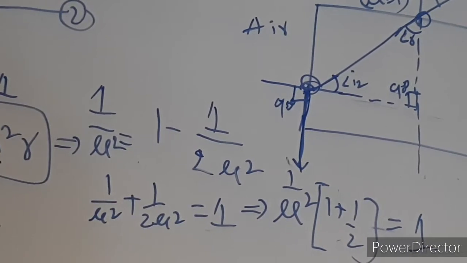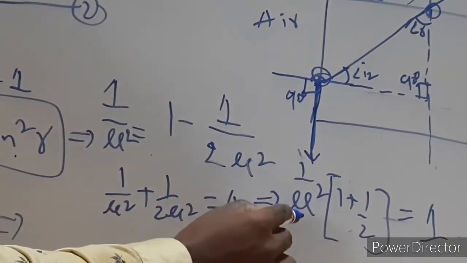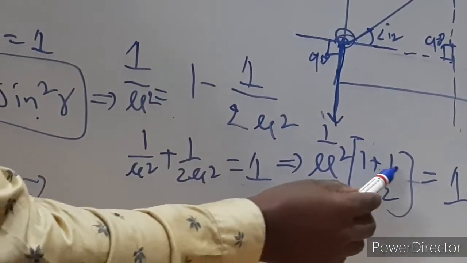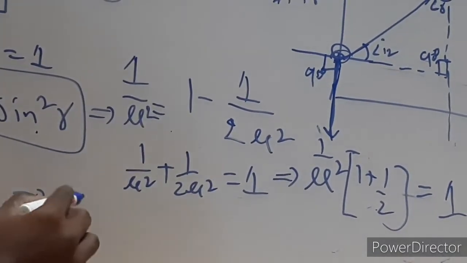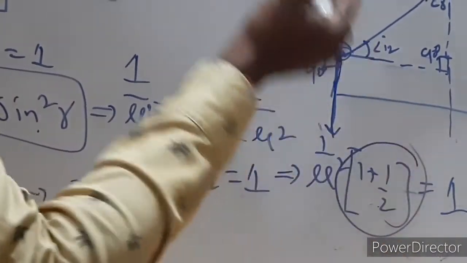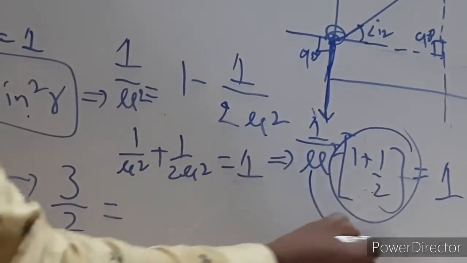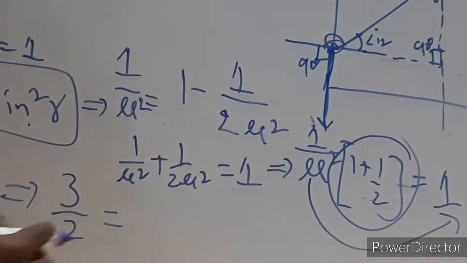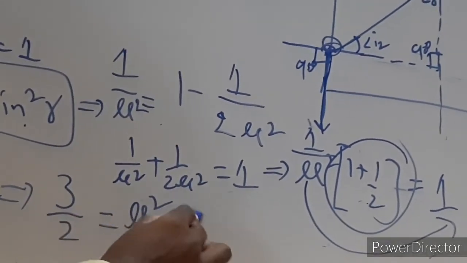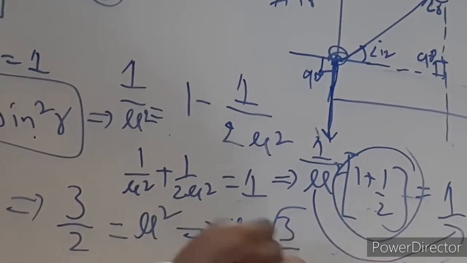So I write 1 by mu square times, 2 plus 1 is 3, so 3 by 2, equal to 1. Taking the other side, it becomes mu square equal to 3 by 2. So I can write mu equal to under root 3 by 2.